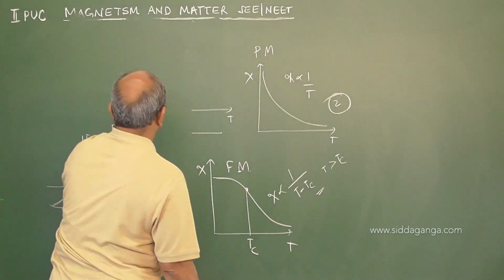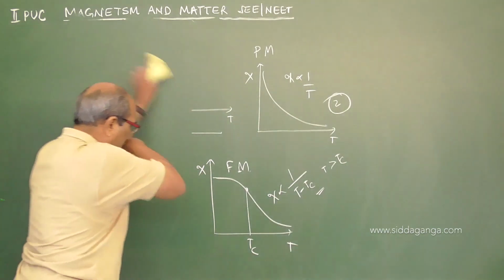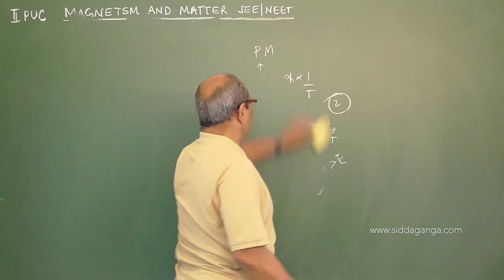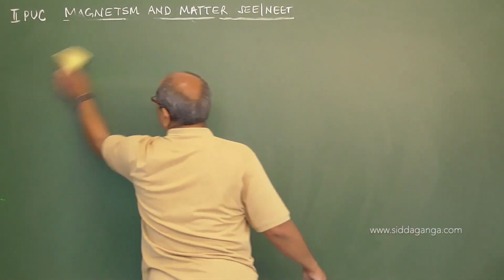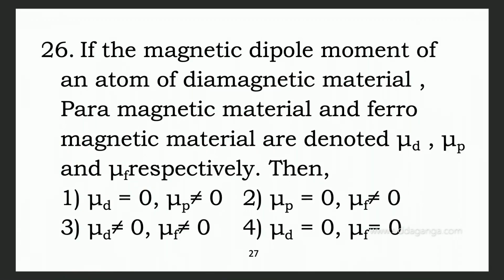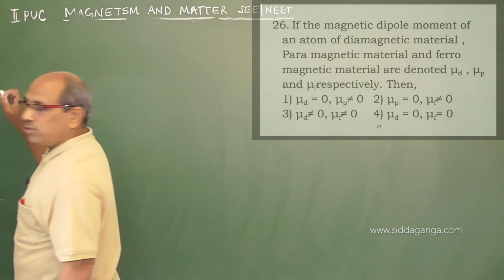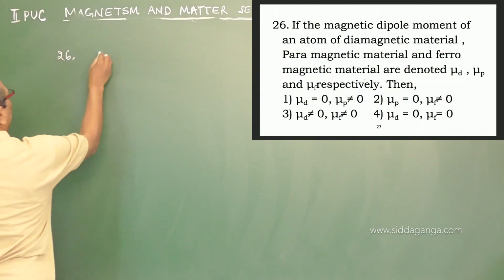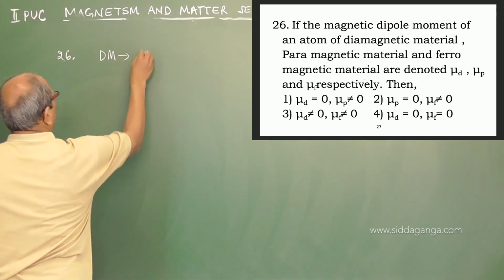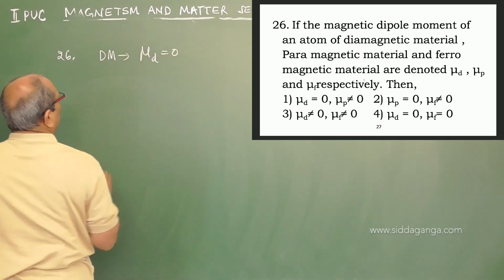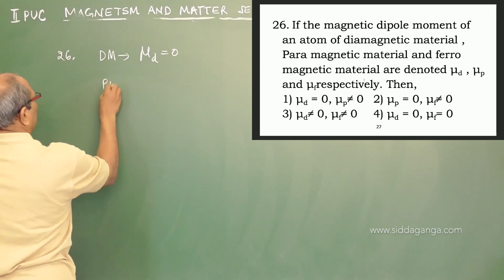Come to the next one. If the magnetic dipole moments of an atom of a diamagnetic material, paramagnetic material and ferromagnetic material are denoted as mu d, mu p and mu f, then, as you know well, in case of diamagnetism, the magnetic moment is 0, no permanent dipole moments.